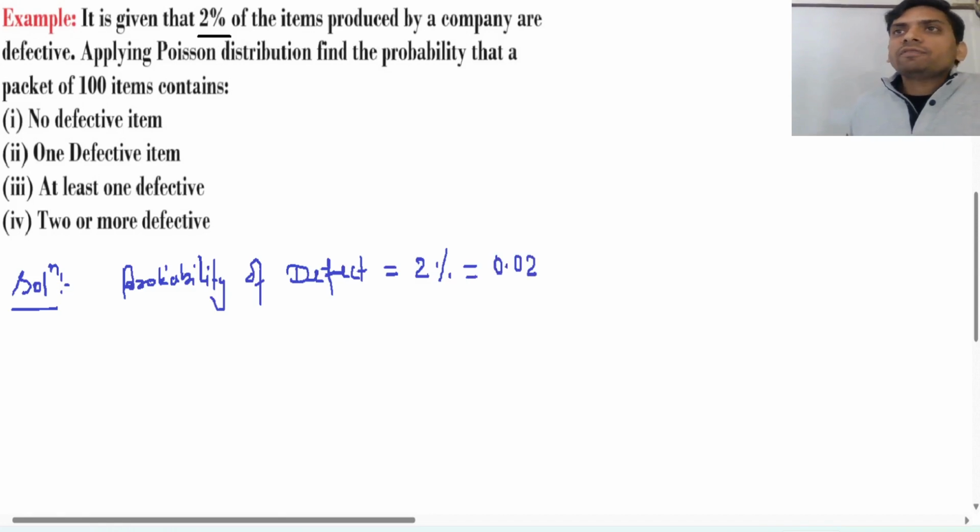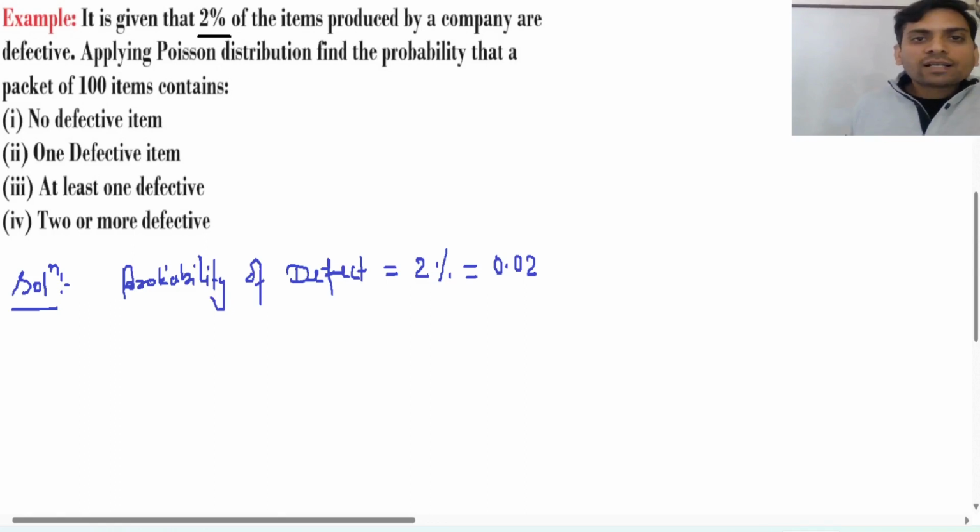Now we will decide whether this is P or Q. Your question is based on defective product or fresh product. All these parts are based on defective product.